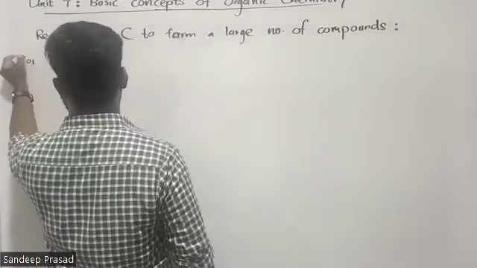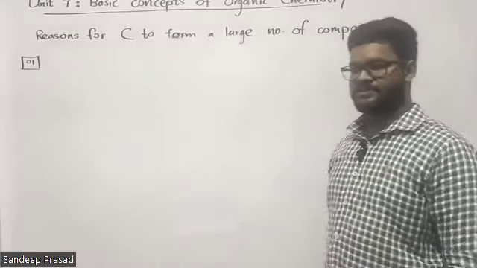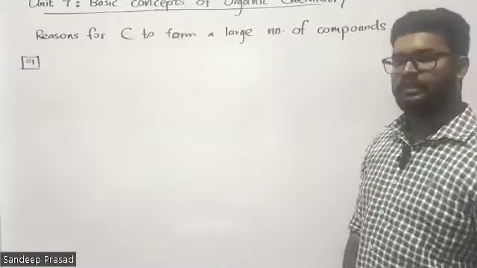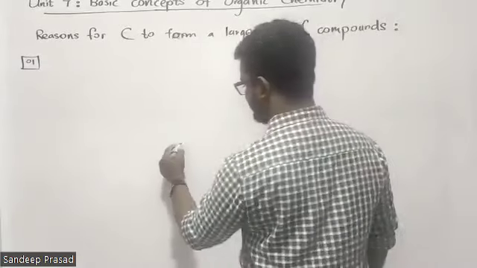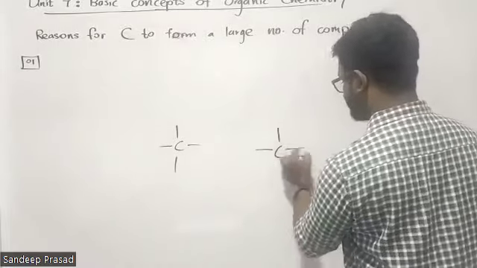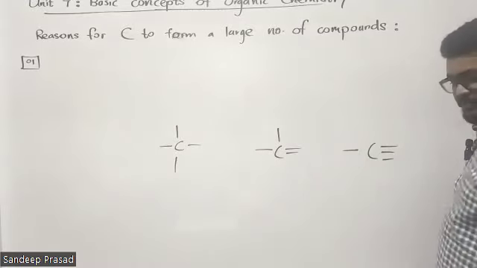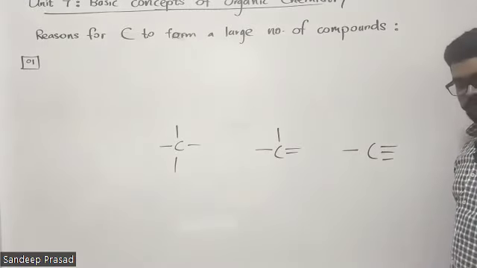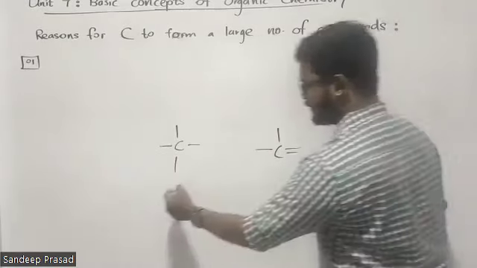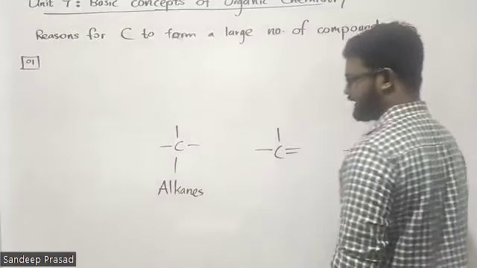The first reason, students, remember, carbon is special. Can you remember in this second unit, we learned under the Lewis structures that carbon is forming single bonds, carbon is making double bonds, then carbon is making triple bonds also, right? So all the types of bonds are formed by carbon. Later we are going to learn this: all the single bond compounds, alkanes.